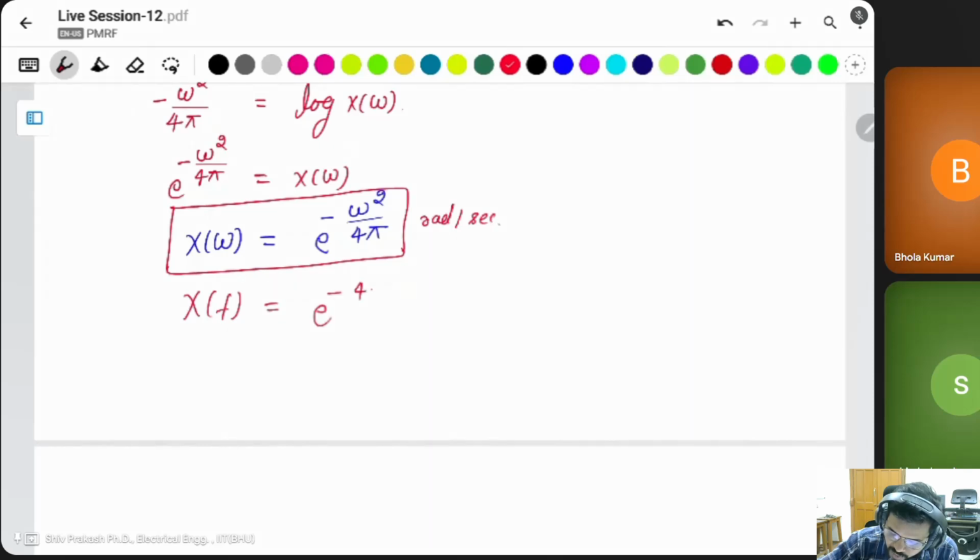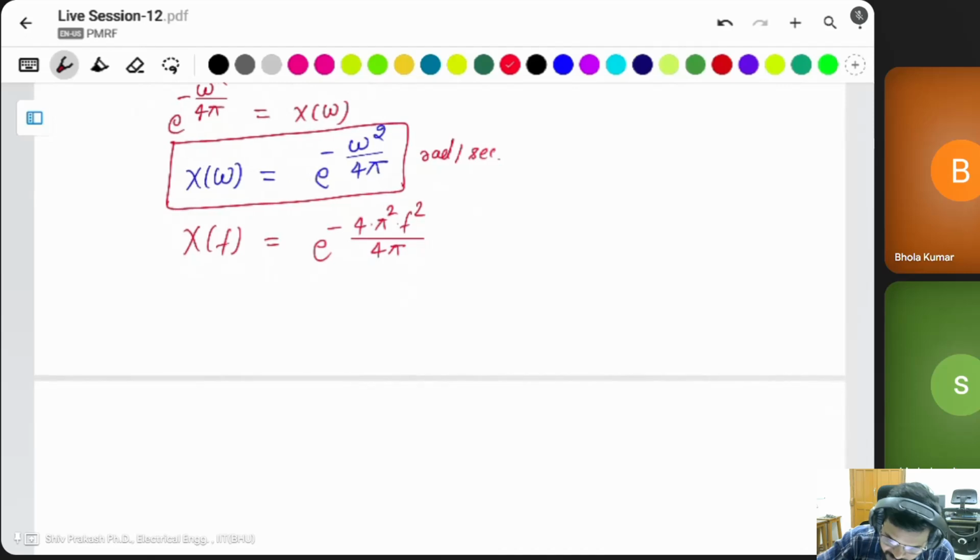It means 4 into pi square into f square divided by 4 pi. 4 pi will be cancelled out, pi f square is remaining. Then X(f) is equal to e to power of minus pi f square. This will be in hertz.